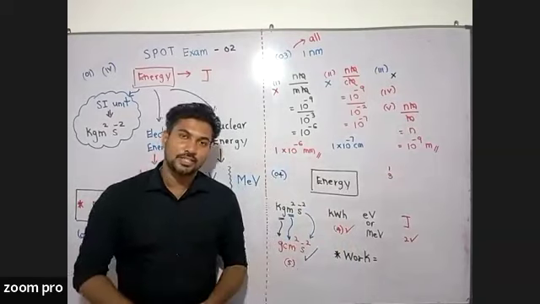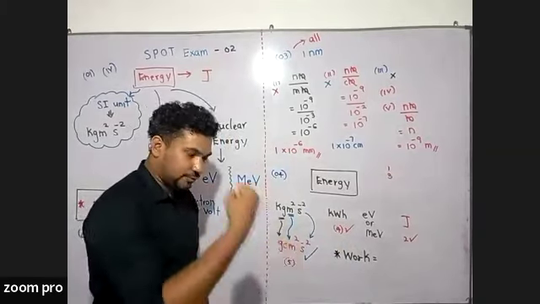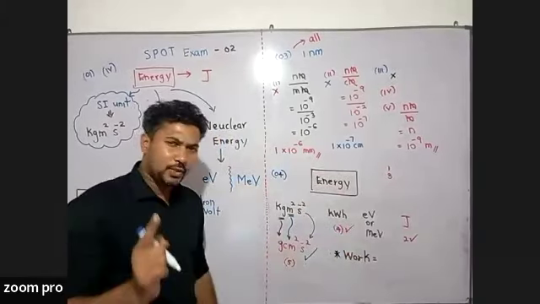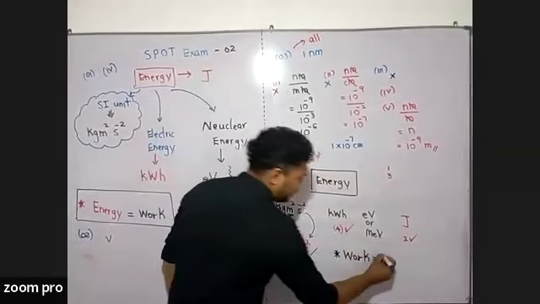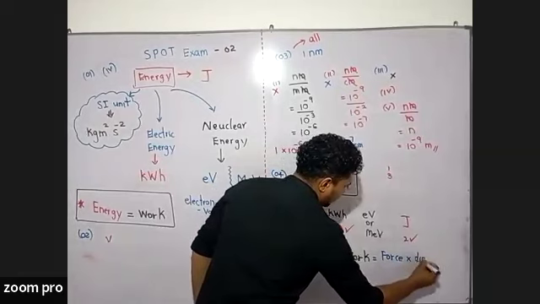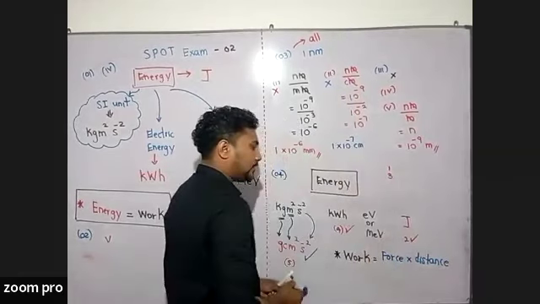So they are equal quantities, right? Therefore, the unit of the work can also be considered as a unit of the energy, right? So what is the equation for work? Work means force into distance, right?